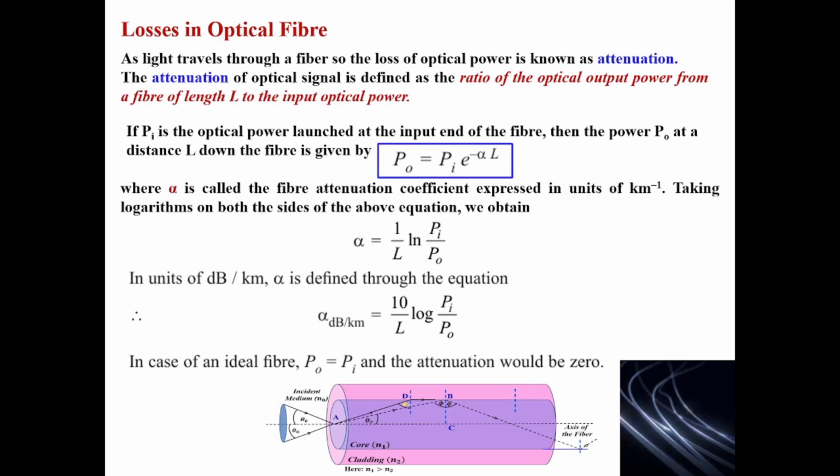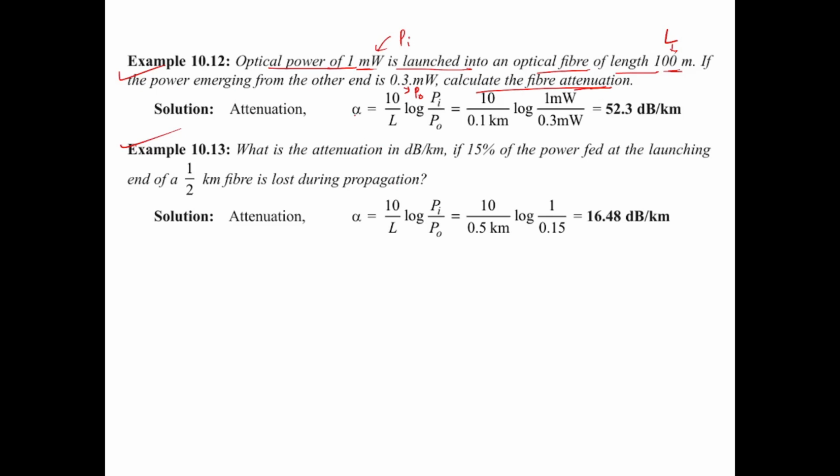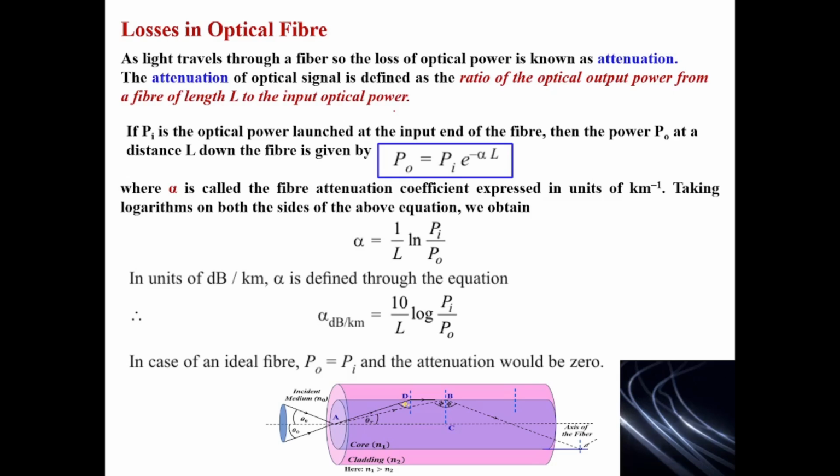Fiber attenuation means alpha. If only attenuation were asked, you would find Po by Pi, but fiber attenuation means alpha, which you have to find out. Either formula you can use, either the decibel per kilometer or only kilometer inverse.